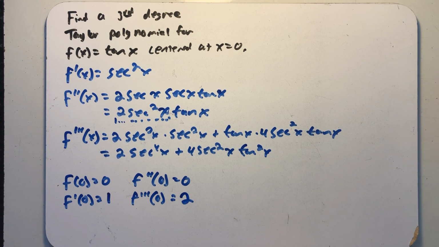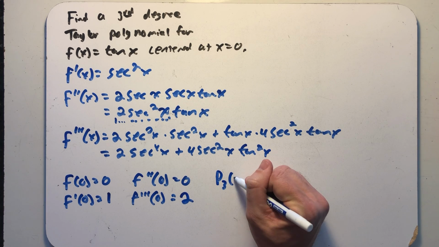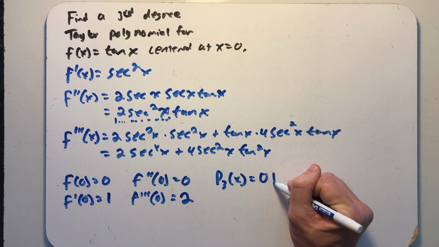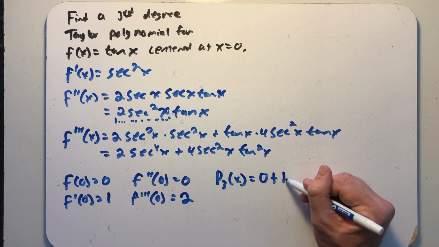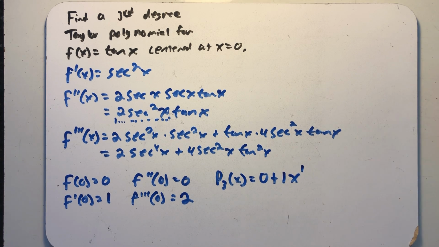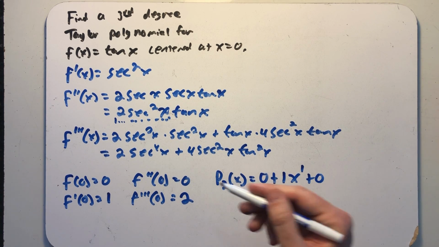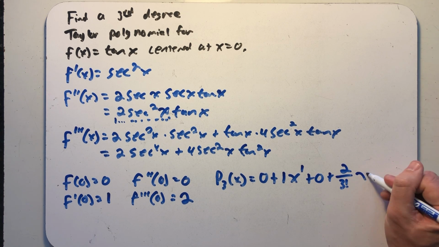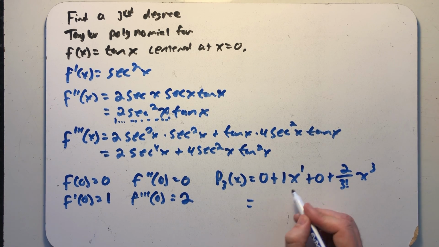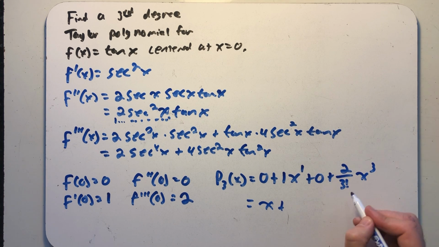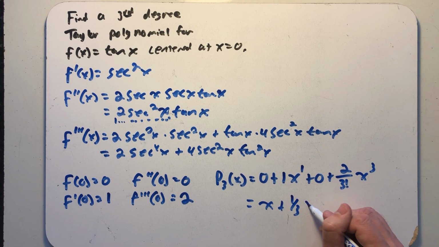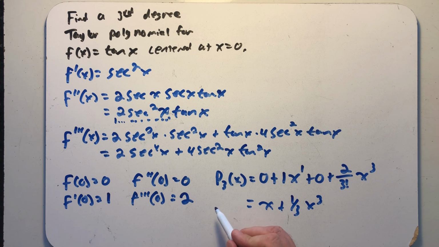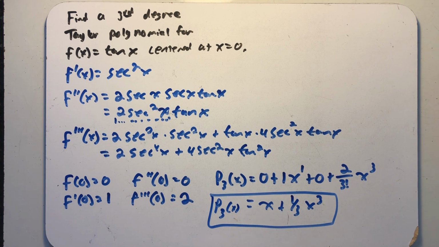All right, this third degree Taylor polynomial, 0 plus 1 over 1 factorial times x to the first, plus 0, plus 2 over 3 factorial x to the third. So let's see, I have x plus 2 over 6 is 1/3 x cubed. There's my third degree Taylor polynomial for tangent.